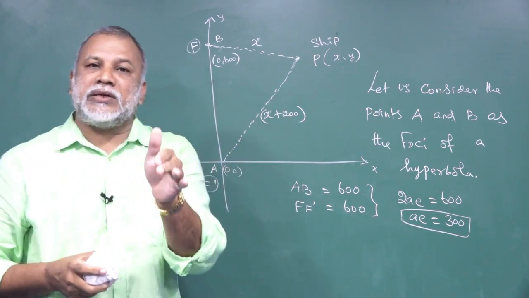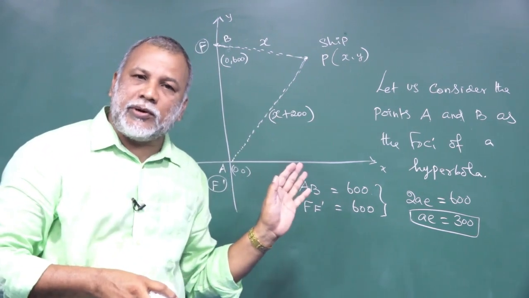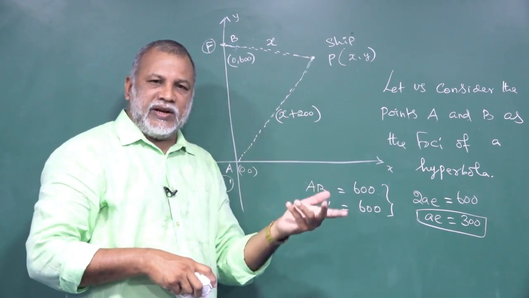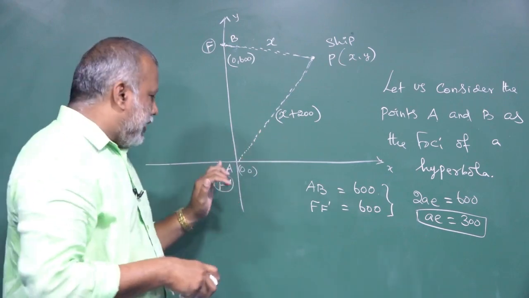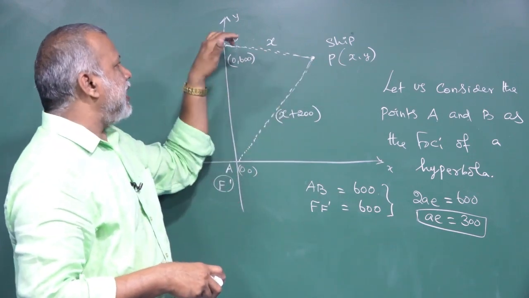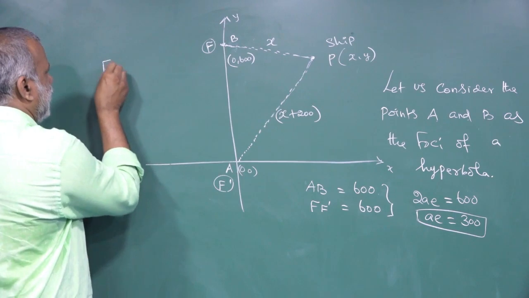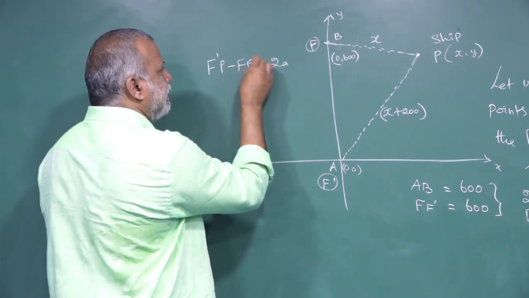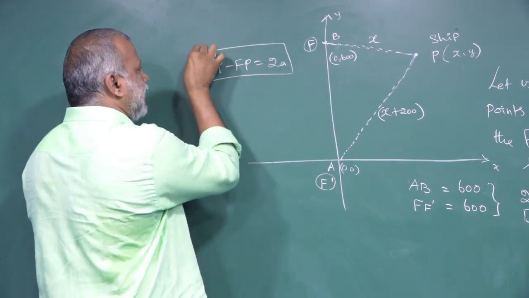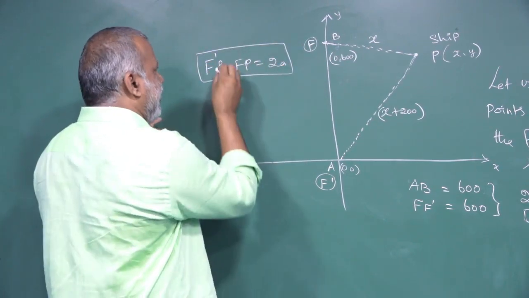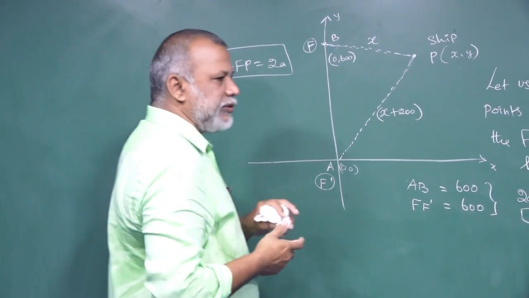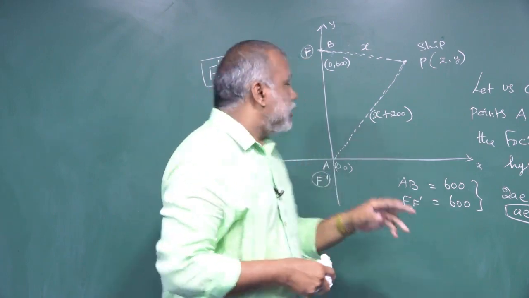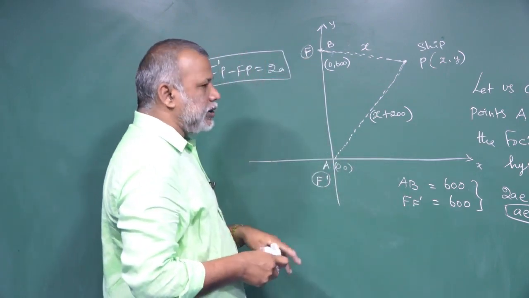By the focal property of the hyperbola, which we have already worked out in your previous explanations, please refer to that. F dash P minus FP equal to 2a. This is the focal property of a hyperbola. You can refer to the theoretical concept. We already worked out the focal property of an ellipse and also of a hyperbola.